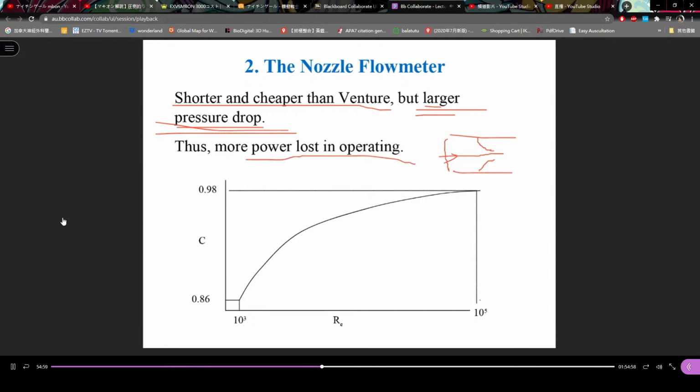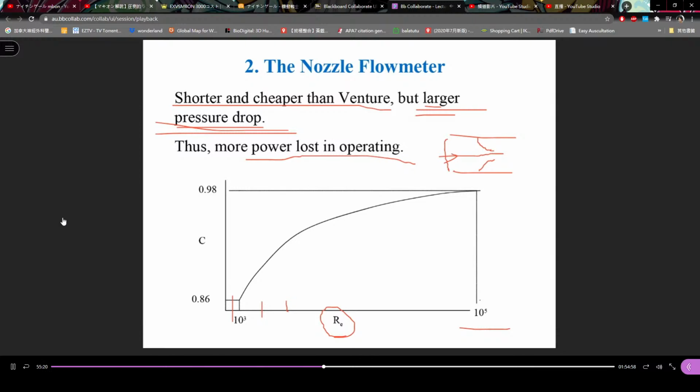See, this is the Reynolds number, and 1,000 here, 2,000, 3,000, 100,000.